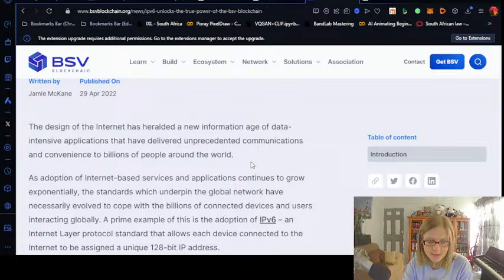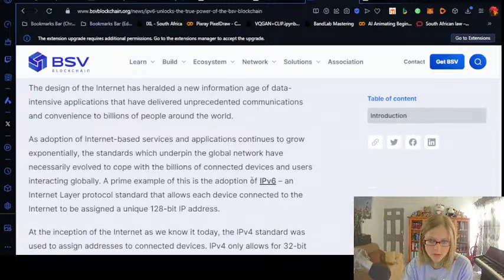As adoption of Internet-based services and applications continues to grow exponentially, the standards which underpin the global network have necessarily evolved to cope with the billions of connected devices and users interacting globally. A prime example of this is the adoption of IPv6, an Internet Layer Protocol standard that allows each device connected to the Internet to be assigned a unique 128-bit IP address. So now we know what a bit is.